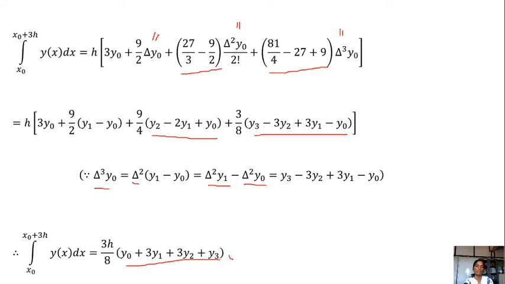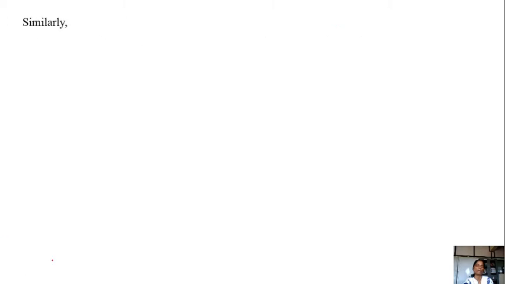So from this you can find the next integration. For the next integration, what will be the range of integration? So x0 plus 3h to x0 plus 6h. So the integral from x0 plus 3h to x0 plus 6h of y dx is 3h by 8. Again there are four functional values: y3, y4, y5 and y6.